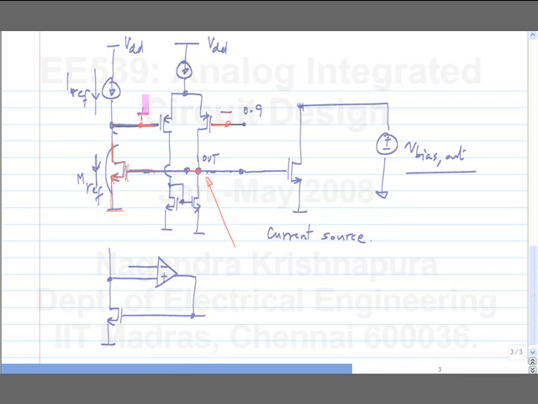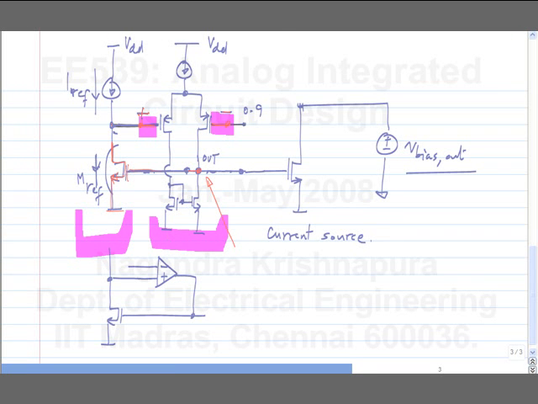How do I compensate it? Like, what do I do now? Where do I connect what? Drain to gate of MREF. If you think about it, this part is the first stage of the op-amp, this entire thing, and this is the second stage. We already know how to compensate a two-stage op-amp.